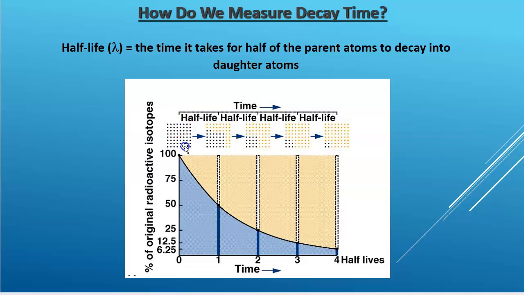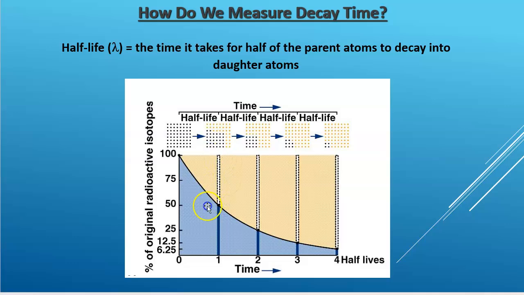So if my mineral contains, in real life it would be millions and millions of atoms, but for simplicity, let's say there's 100 atoms. So in that mineral there's 100 unstable atoms. The time it takes for 50 of those to change from parent to daughter would be the half-life of this system.